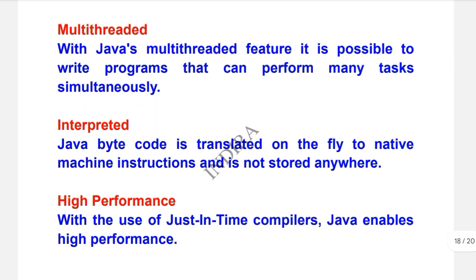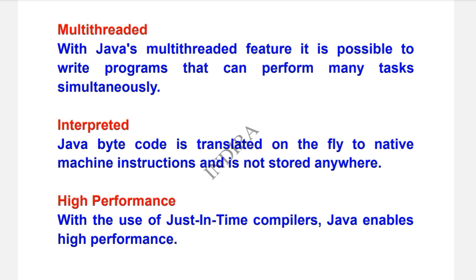And interpreted is nothing but translating the code. Interpreter is nothing but translating code. This translated code can't be stored by Java for the purpose of security. So the code of Java is not stored in any way.